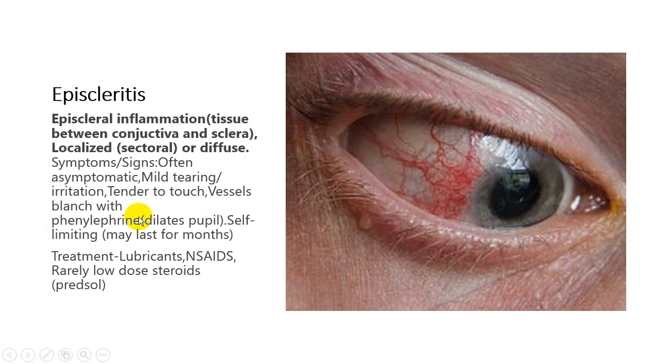What is phenylephrine? It is an alpha-1 adrenergic agonist, and it dilates the pupil. Episcleritis is usually self-limiting, but may last for months. Treatment is with lubricants, NSAIDs like this. Rarely you can use low dose steroids.